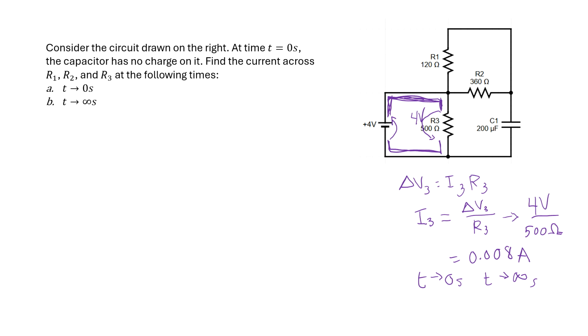Let's follow one of these paths that do cross the capacitor. Let's go across this R2 path, and then we're going to go past the capacitor in order to get back down to the battery. Now this is going to be time dependent. Let's think about the time equals 0 case. At time equals 0, the capacitor is going to behave like a wire, and the voltage across a wire, delta VC for 0, is going to be 0 volts.